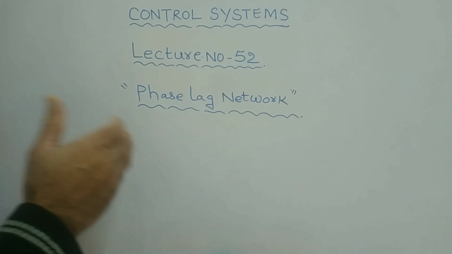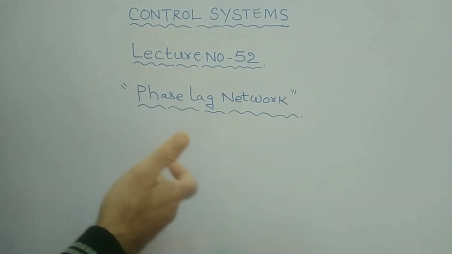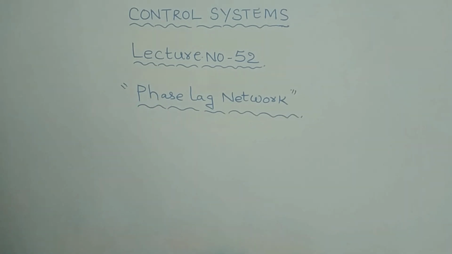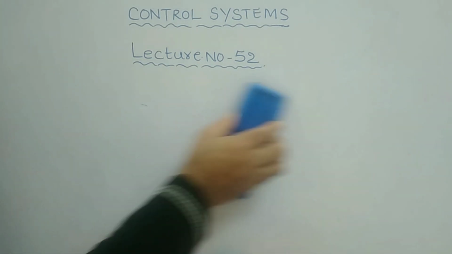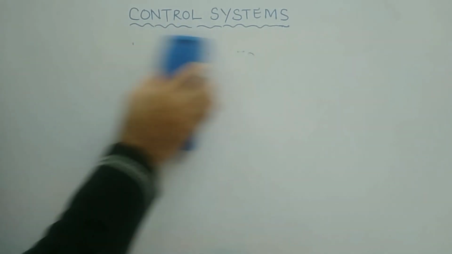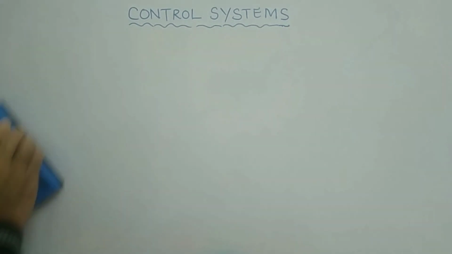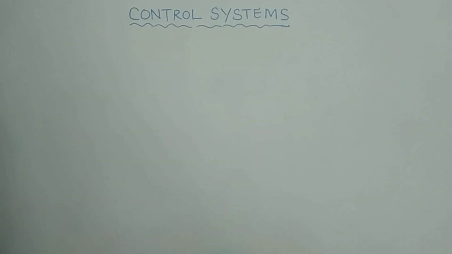That's why this phase lag network can act as a low pass filter. So let us see the circuit diagram of how the phase lag network looks, and we will see the basic circuit diagram of a phase lag network as well as how the transfer function looks.